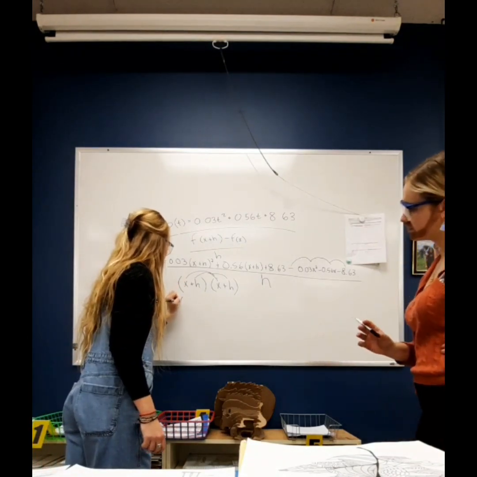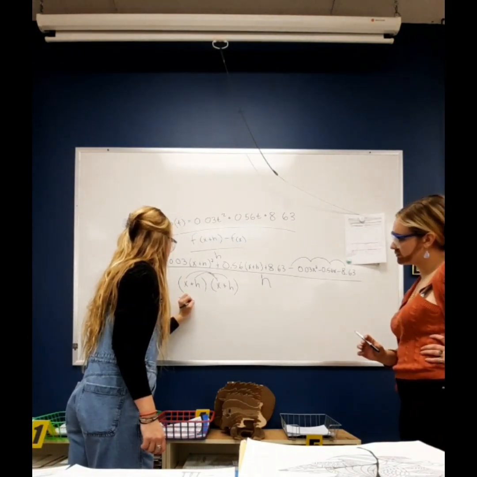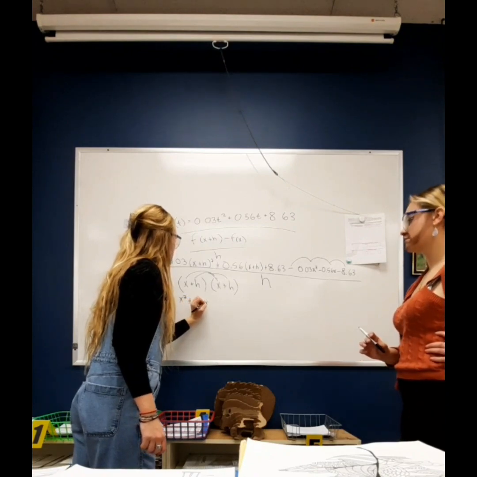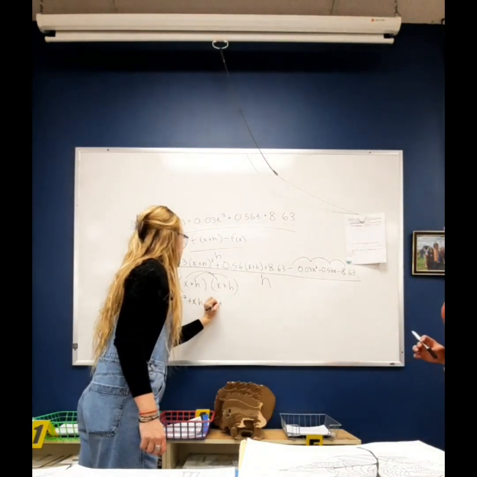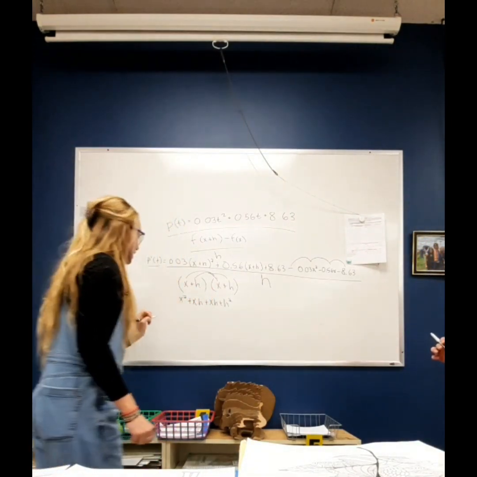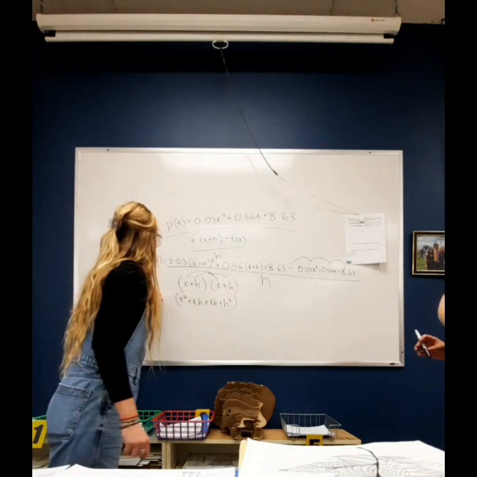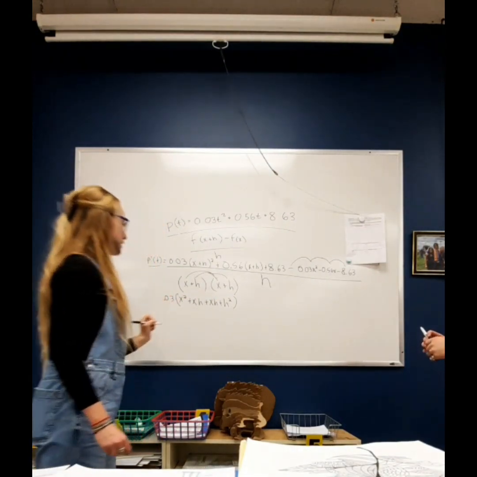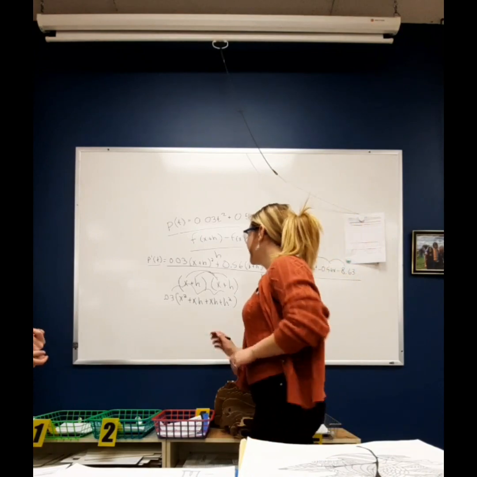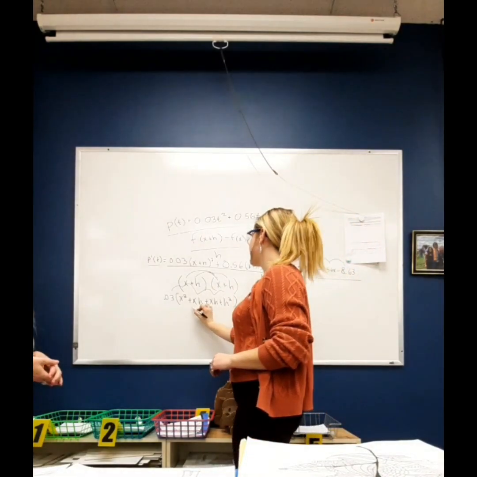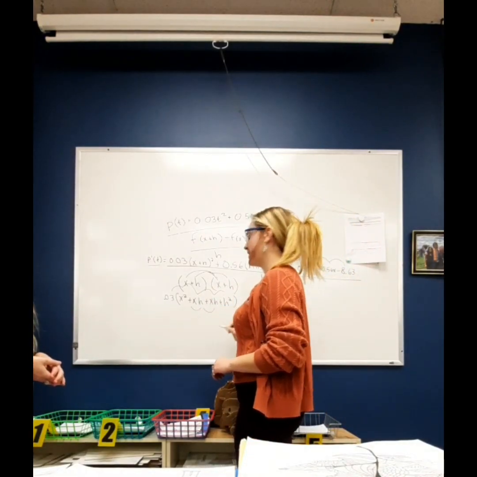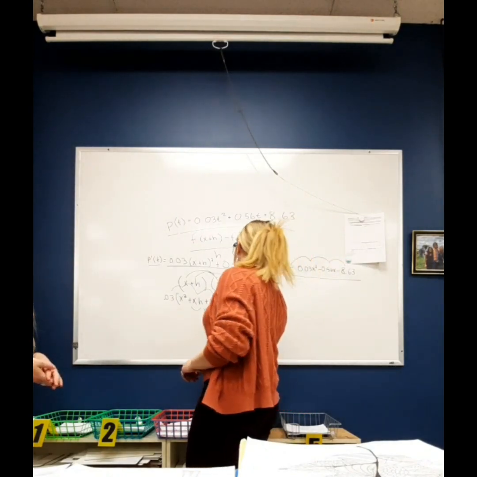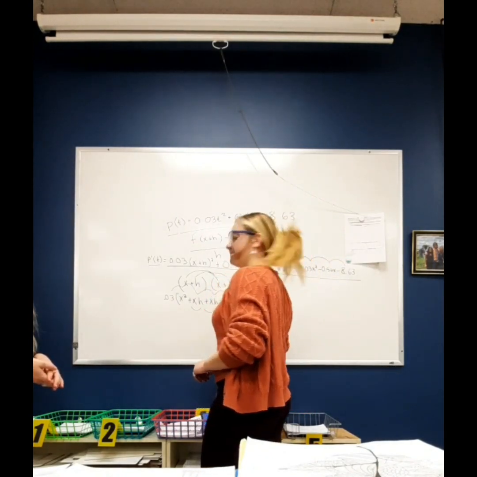So that will leave us with an x squared plus xh plus xh plus h squared. And that's still in parentheses with the 0.03 out in front. Okay, now that we've reached this point, we can see that we have two like terms, xh and xh. So we can go ahead and simplify that to 2xh.